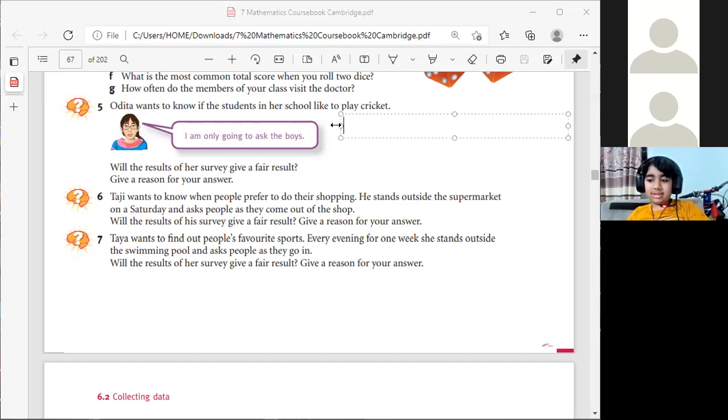No, she is saying that to find out if the students in her school like to play cricket, she is only going to go to the boys. So is it going to be fair? There might be a few girls who like cricket. No, it's not going to be fair.